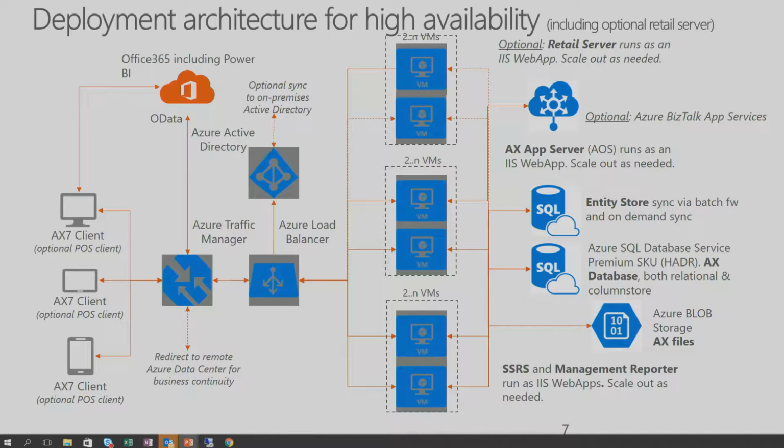And then in the backend, we have the AX database, the entity store database, and we also have the option of adding a read-only secondary, which lets you offload certain workloads, and we talk a little more about that on a future slide. Then you have the management reporter, which is another database.